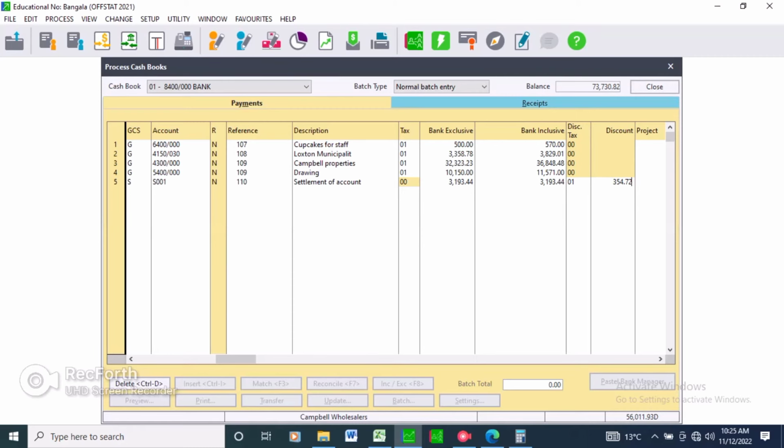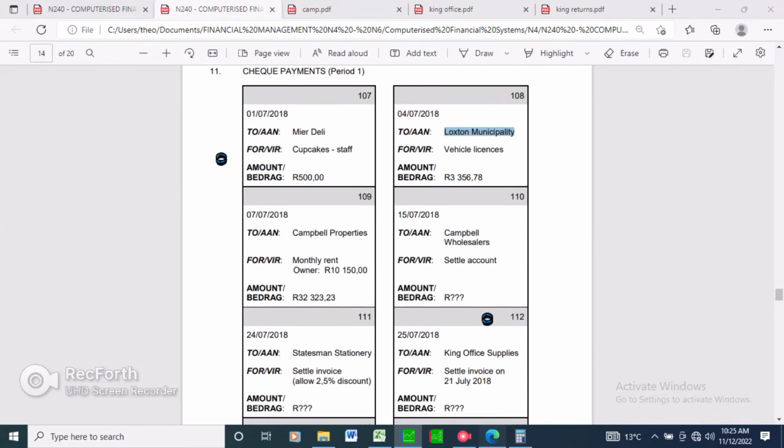Then we also qualify for discount, guys. You minus the rand for the returns, the amount you are left with, you calculate 10% discount. The discount you minus from the amount you have, guys. Then the amount you are left with after minusing the discount, you're gonna record it under bank exclusive. Then the discount of 10% you record it under discount, guys.